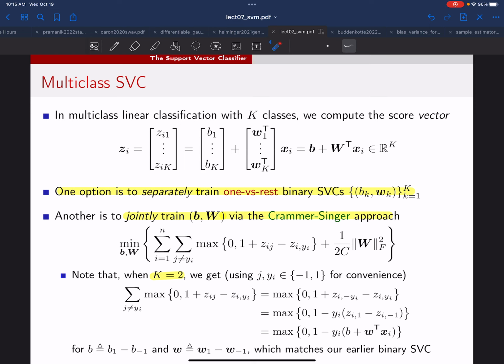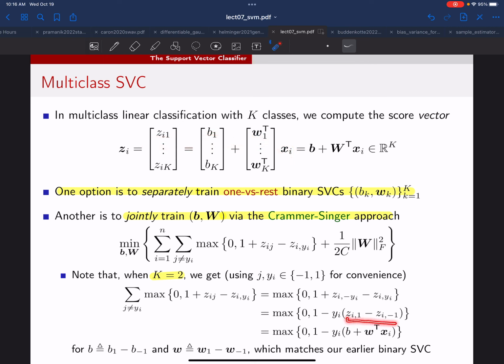And then the very last thing we can do is notice that we have basically our two scores. We have the difference between the two scores. So the first score is going to be, let's say, zi1, b1, w1, transpose xi. And then the second one is going to be zi minus 1, b minus 1, plus w minus 1, transpose xi.